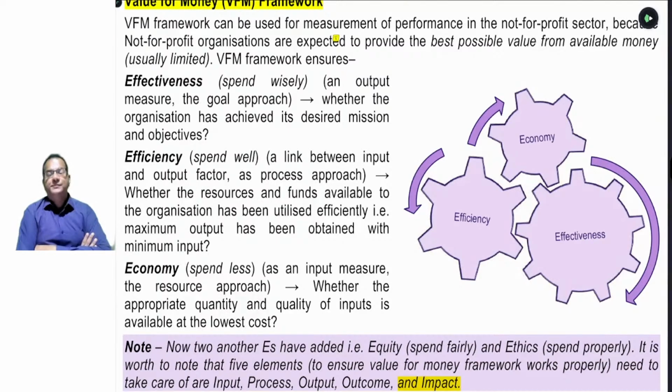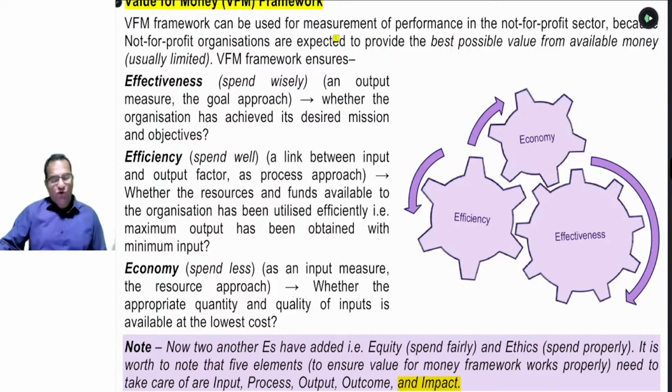नेक्स्ट पॉइंट लिखिए बेटा, इकोनॉमी. Whether the resources acquired by the organization have been procured at lowest cost, without compromising on quality. फिर एक लाइन ड्रॉप करके लिखिए बेटा, equity.